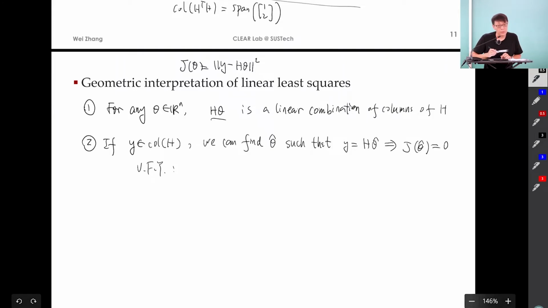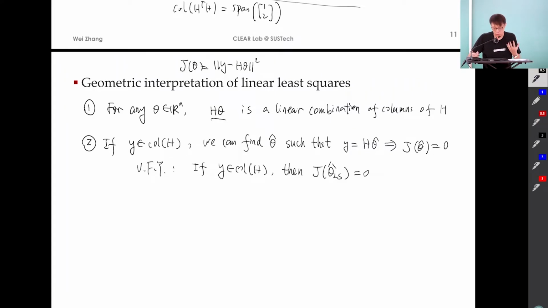There are a few things you need to verify after class: if y belongs to the column space of H, then J of the least square solution is 0. Our solution has to agree with our intuition.